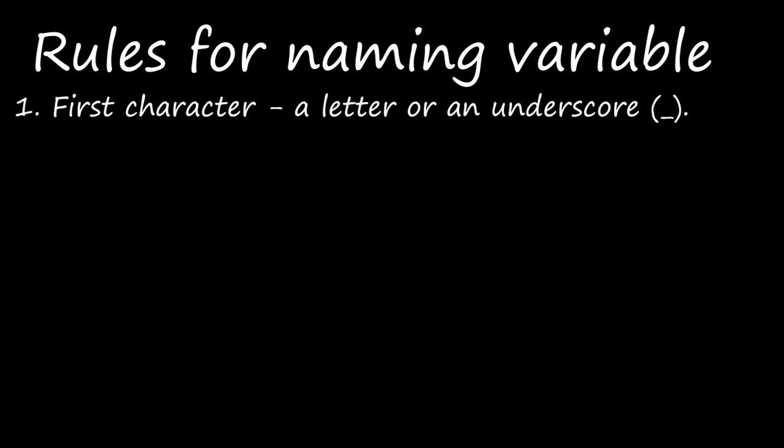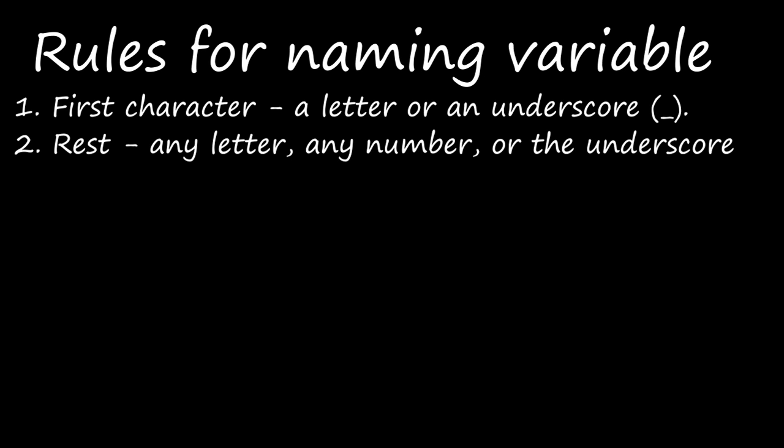Next are the rules for naming variables. The first rule is the first character must be a letter or it can be an underscore also, right? A number cannot be the first character of a variable. Next, the rest of the variable name can have letters, numbers, underscores, or anything else other than spaces, symbols and punctuation marks, right?